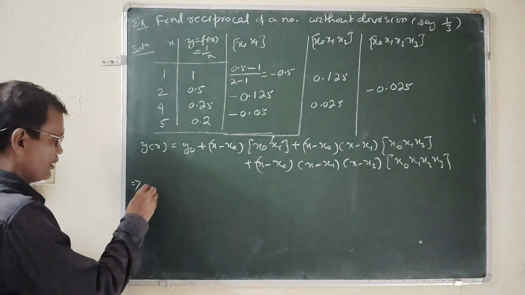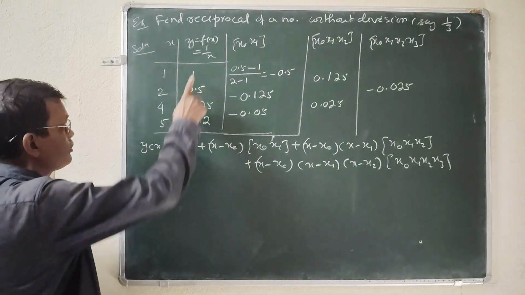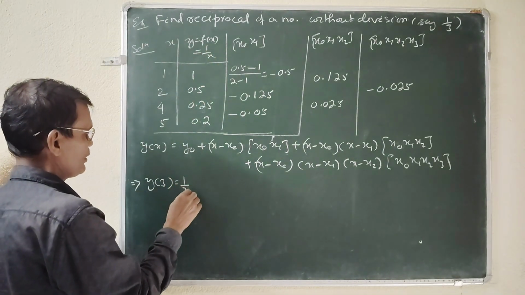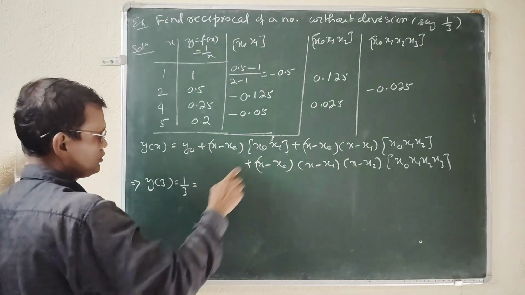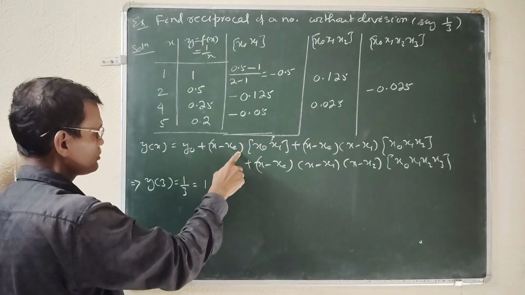You put x as 3, that is y of 3. When we say y of 3, at x the function value is 1 by 3. Then you put the values here. What is y0? y0 is 1, plus (x minus x0).